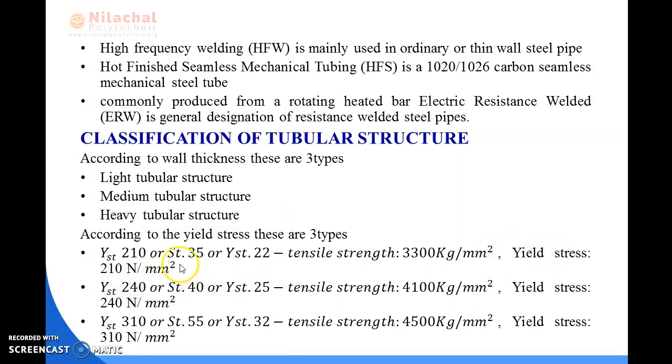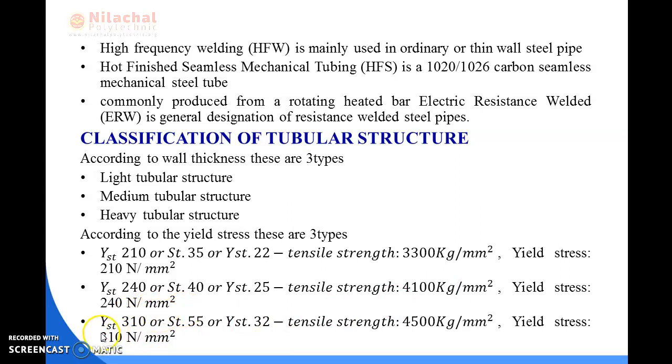So this is one type. The second type is YST240, or ST40, or YST25, where the tensile strength is 410 N per mm square and the yield stress is 240 Newton per mm square.